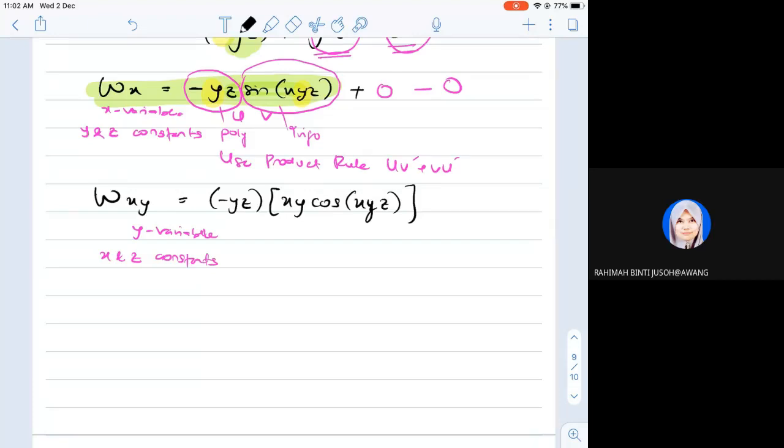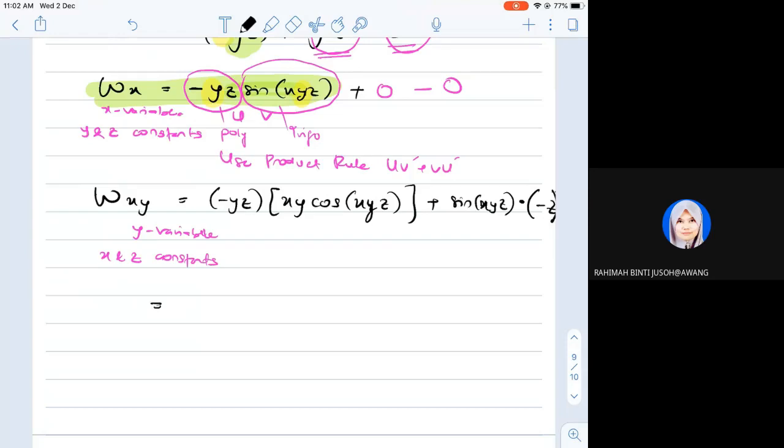This is your v prime. And then plus v is sin xyz multiply by differentiate u prime. Z. Negative multiply by negative z. Okay, good.